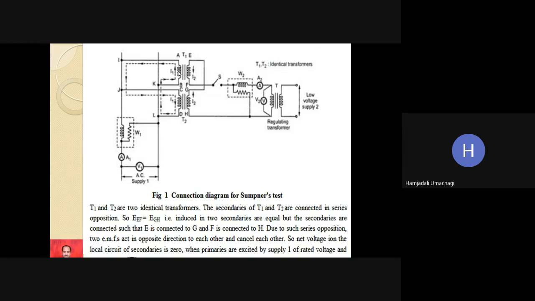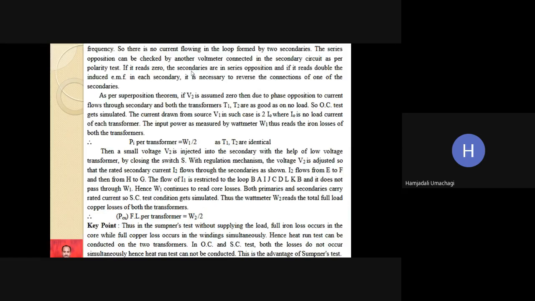So primaries of both transformers T1, T2, secondaries of both transformers T1 and T2, they will carry rated current. So in that case, it is as good as the short circuit test is conducted. That is the meaning. Both primaries and secondaries carry rated current, so short circuit test conditions get simulated.